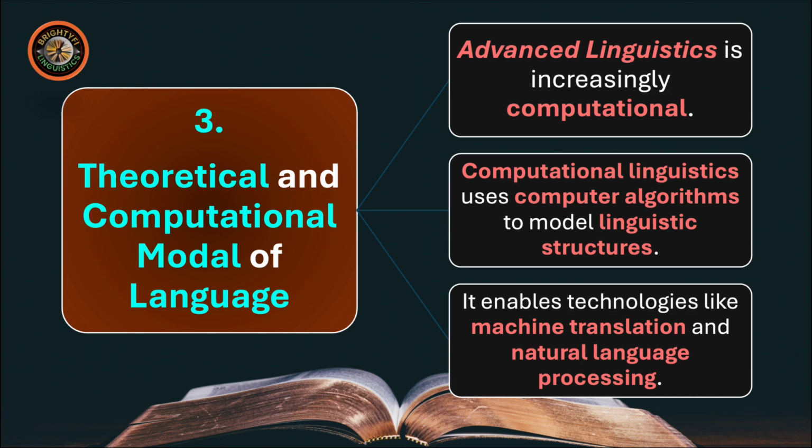What this means is that advanced linguistics is an area where the theoretical background of language is implemented into computational methods, to let technology do the work which humans earlier did. This is also one of the emerging subject matters of advanced linguistics.